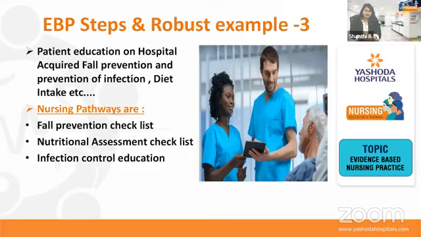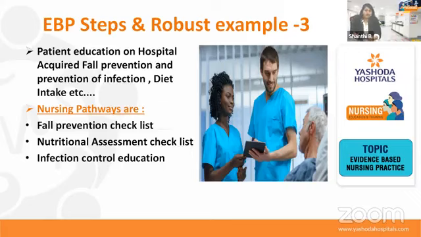Again, the example is patient education on hospital-acquired fall prevention. Any patient who comes to your hospital may be prone to a patient fall, always, and the patient is vulnerable in nature. So what do you do? You take your nursing pathways in terms of nursing fall risk assessment. You talk to the patient about whether the patient has a previous history of falls, etc. You have a fall prevention checklist.